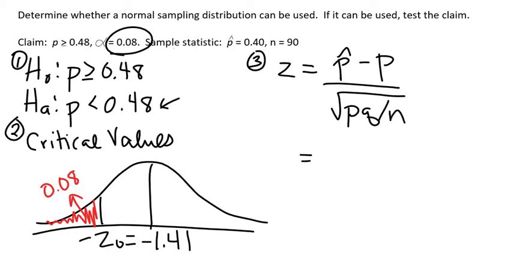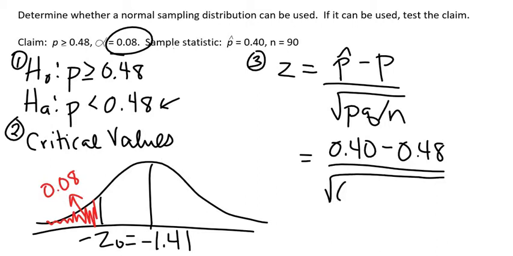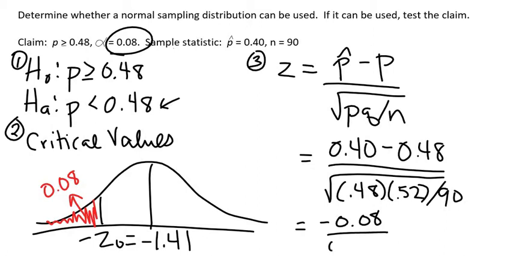Okay, let's substitute in our values. p hat is 0.40, p is 0.48, so we have 0.48 times 0.52 divided by 90. So here in the numerator, I get negative 0.08. In the denominator, I get 0.0527. This is approximately equal to negative 1.52.